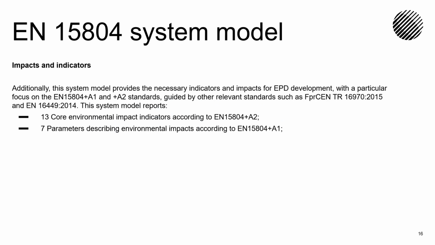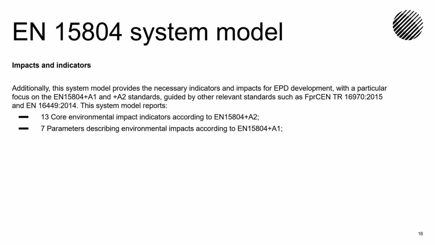So this is not the only difference between EN15804 and the cutoff system model. To allow our users to develop EPDs, the system model also reports 13 core environmental impact indicators according to EN15804+A2, but also the parameters describing environmental impacts according to EN15804+A1.